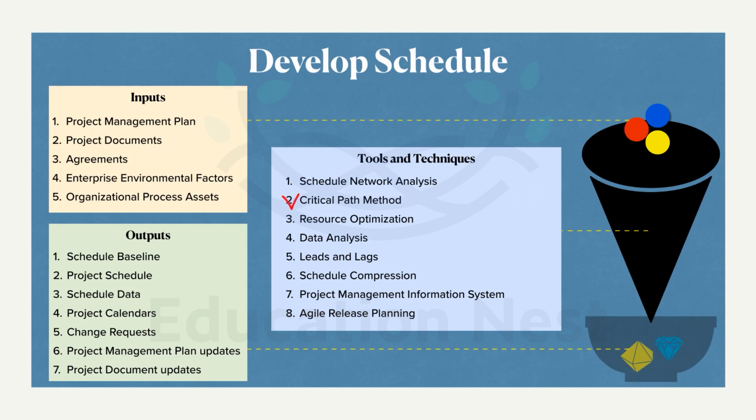So again, moving on to the critical path method, you have learned what this is. Resource optimization. What is this? This is nothing but adjusting the start date and finish date based on resource availabilities. There are two important techniques within resource optimization. The first technique is the leveling of resources. What does it mean? It is the demand for resources versus the supply of resources, right? What is the demand that we have?